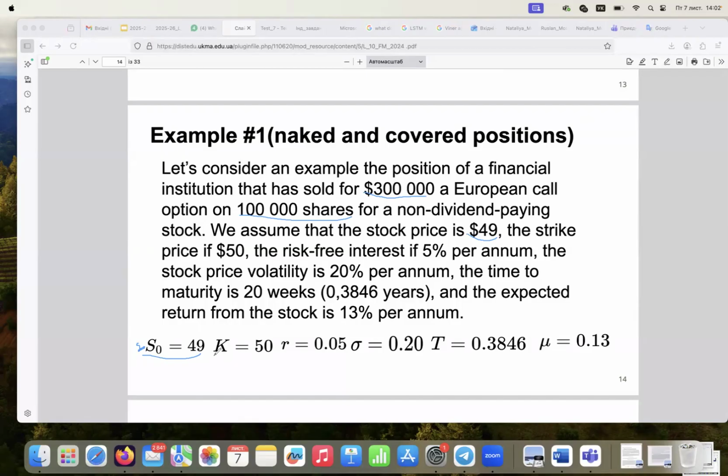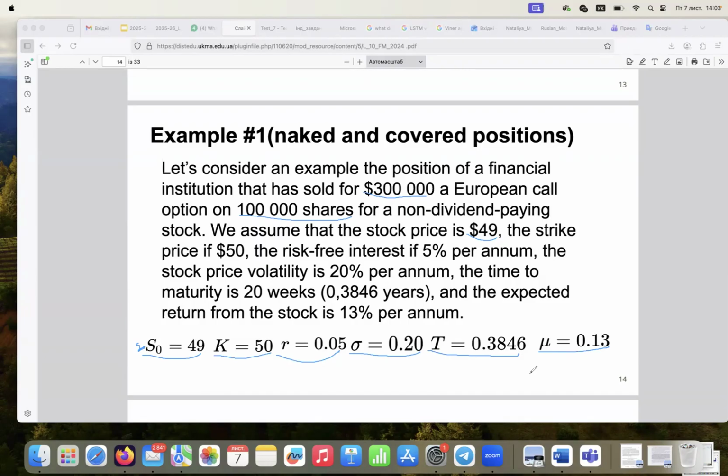The strike price is 50. Interest rate, assume 5%. The volatility is 20%. The time to maturity is 20 weeks, which in years is 0.3846, yes? And expected return, if necessary, 13%.